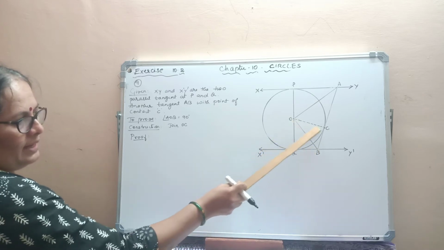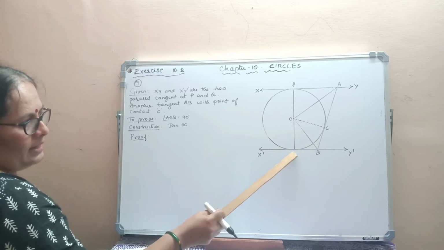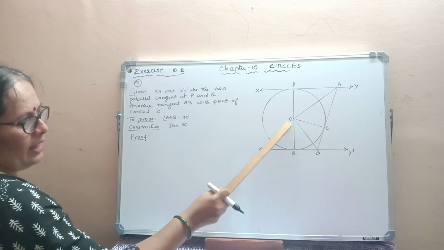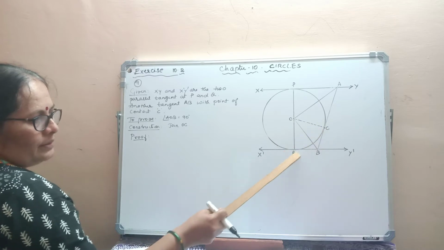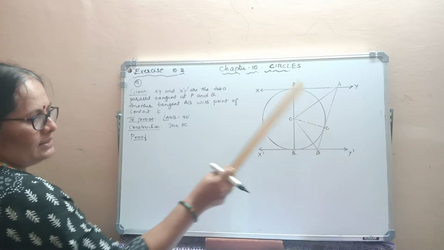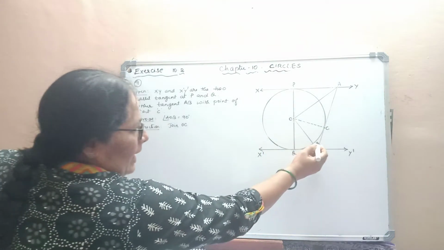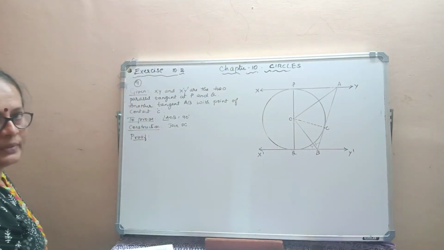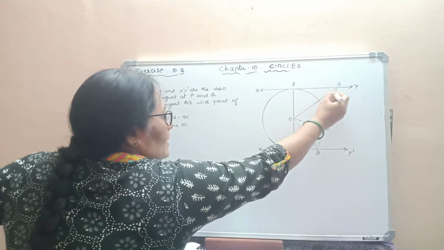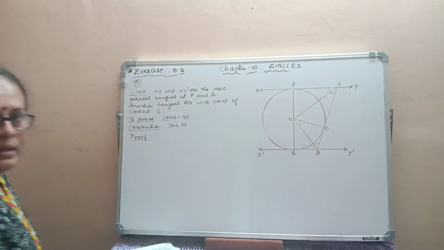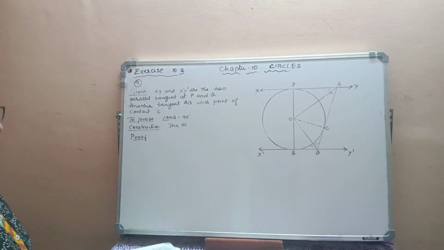When these two triangles are congruent, angle QBC is equal to angle CBO. It means these two angles are equal. Similarly, here also these two angles will be equal by CPCT.